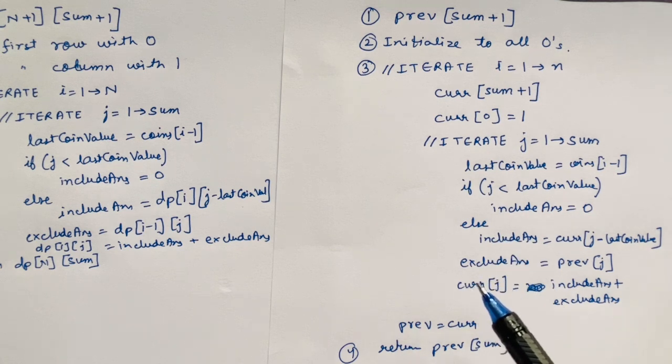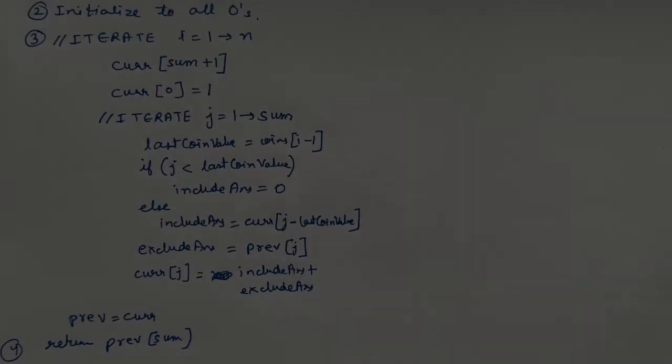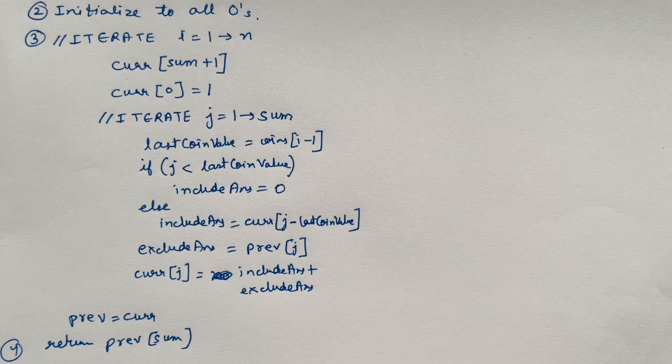That is of no use to us. So we will set our previous to current, and then we will return once we are done with all the iterations for all the rows. Then we will return previous of sum or current of sum. Both of them will have the same value. So this completes our algorithm of the space optimized bottom-up dynamic programming approach.